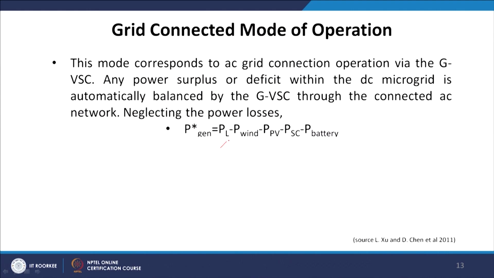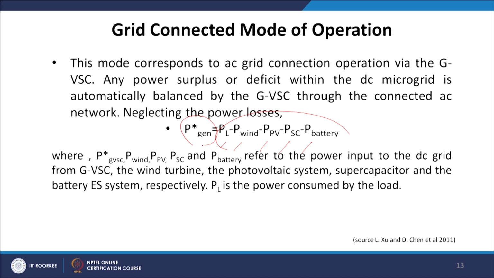So, at this point, ignoring the power loss, the P generation, which is nothing but my P load, is equal to the power coming from wind, the power coming from PV, the power coming from the supercapacitor and the power coming from the battery, and the rest will come from my main grid to which the DC microgrid is connected.